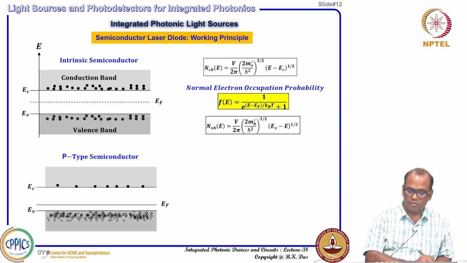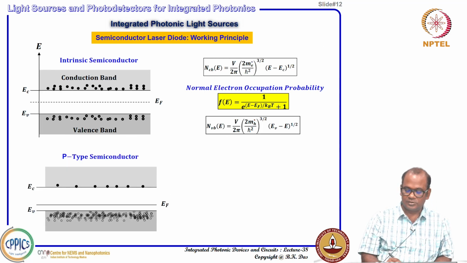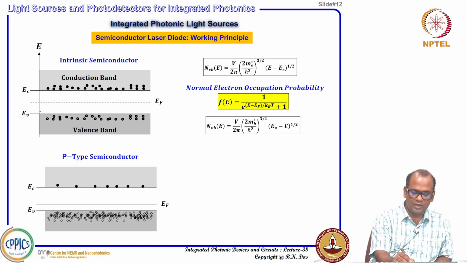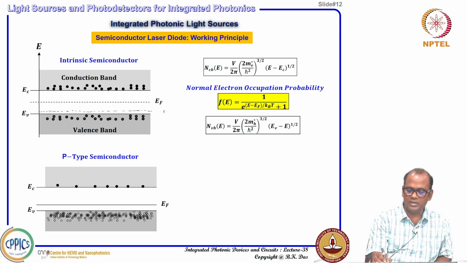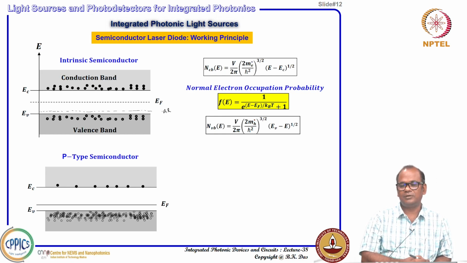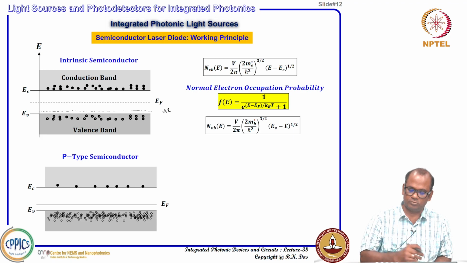Okay. So, now as I mentioned, suppose you are considering a p type semiconductor. P type semiconductor means you dope with some atom, like aluminum, which you are doping in silicon, for example. Aluminum is a trivalent metal, right. Or maybe you can consider boron.